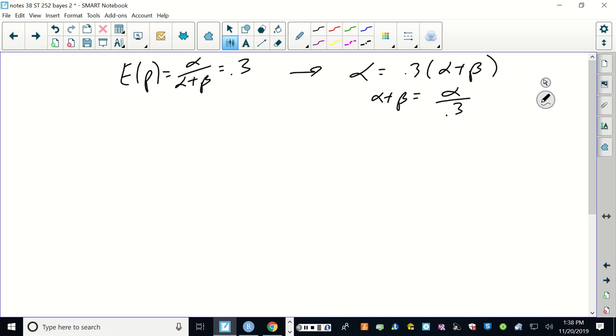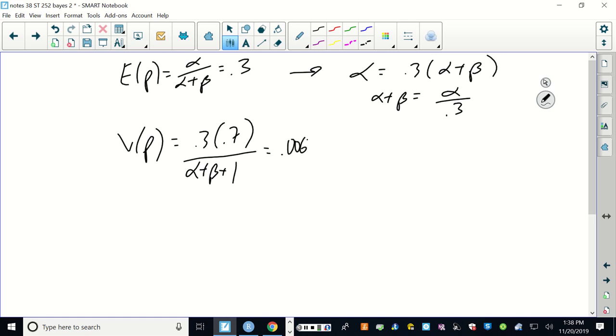The reason I'm doing that is the variance, which was 0.3 times 0.7 over alpha plus beta plus 1, is 0.08 squared, which is 0.0064.